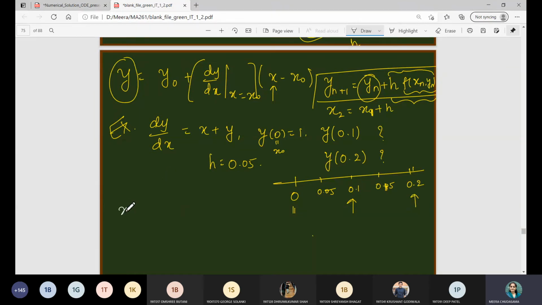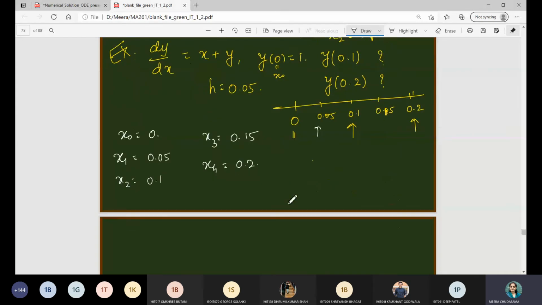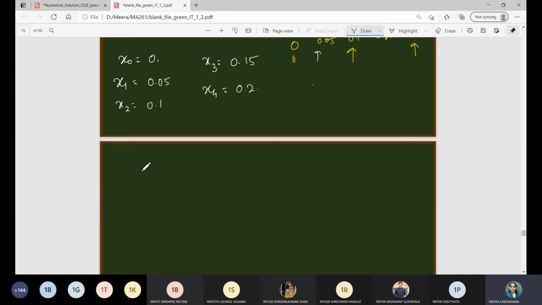So here x0 is 0. What will be x1? I have already written. This one is x1, x2 is 0.1, x3 is 0.15 and x4 is 0.2, right? So one by one we are going to compute.